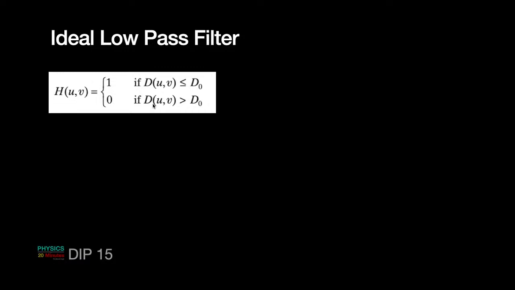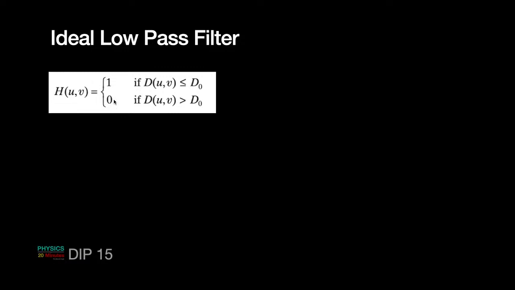Do remember that. I'm going very slowly, so try to pay attention. So this is an ideal low pass filter. You multiply your Fourier transform image by 1. When you multiply by 1, there is no change, it remains the same. But when you multiply by 0, everything becomes 0.